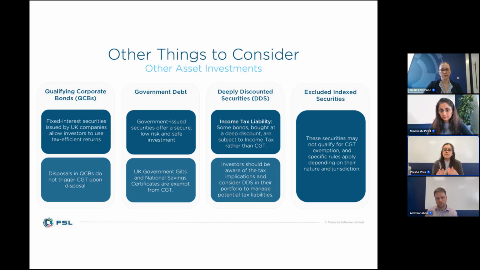And again, it's to help your end investor understand what they've done throughout the year, understand the values that are being produced from the reports, and help them produce their self-assessments and make it easier for them to see where they need to fill in the boxes. And again, it's just a case of making them more aware and providing them with the information up front, as opposed to them coming to you at a later date, making a request as well.